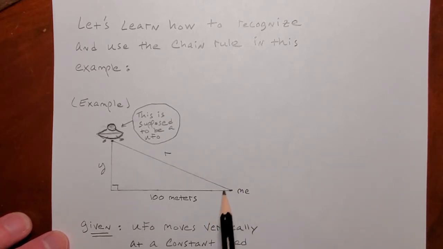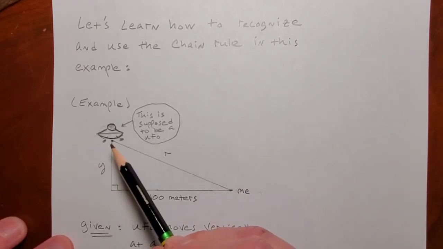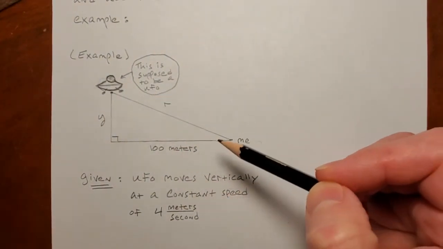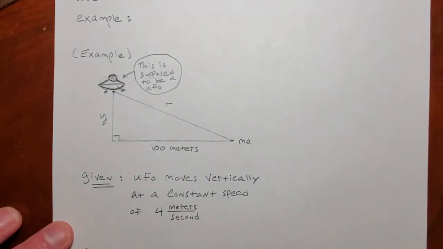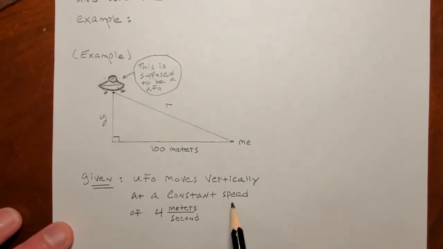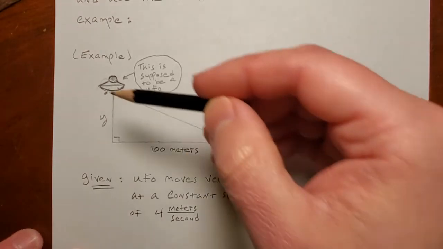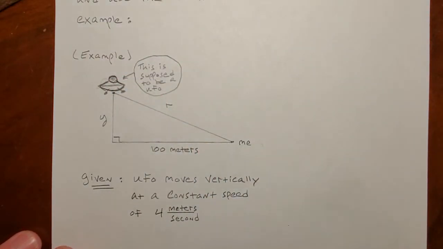Suppose that I'm here and there's this once in a lifetime occurrence of me seeing a UFO. And what I notice, let's say, is that the UFO is rising vertically, meaning perpendicular to the ground, at a constant speed of 4 meters per second. So it's rising vertically in a straight line at a constant speed of 4 meters per second.